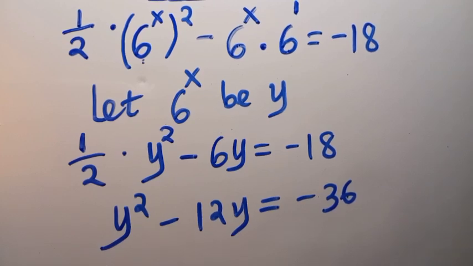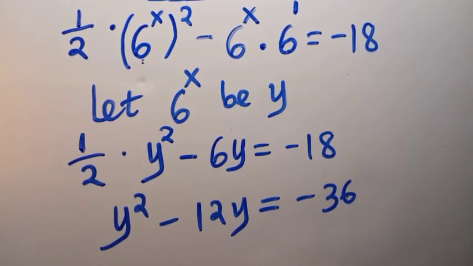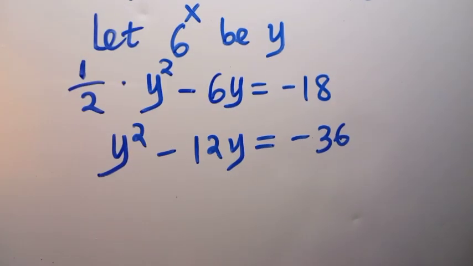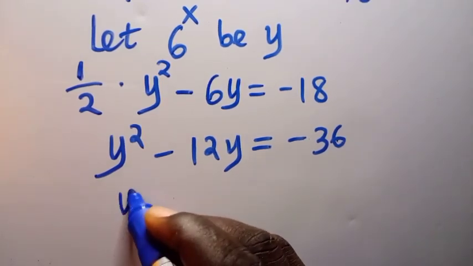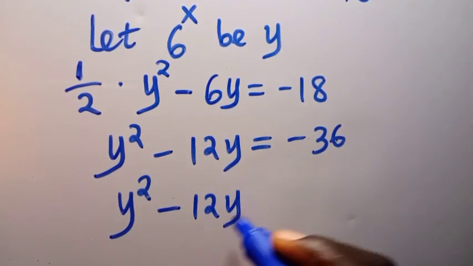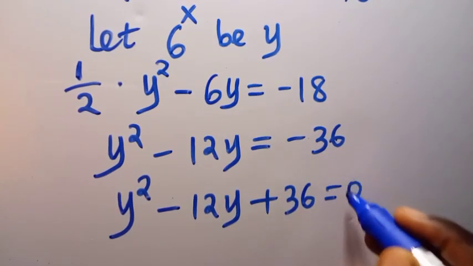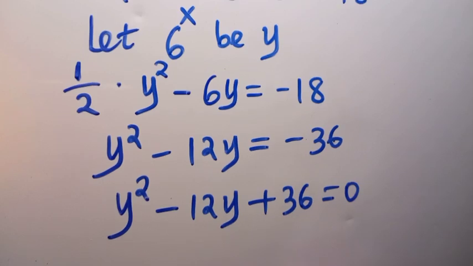Now, I want to bring this negative 36 to this other side so that I form a quadratic equation. Therefore, I will have y raised to 2 minus 12y plus 36 equals to 0. This is a quadratic equation.